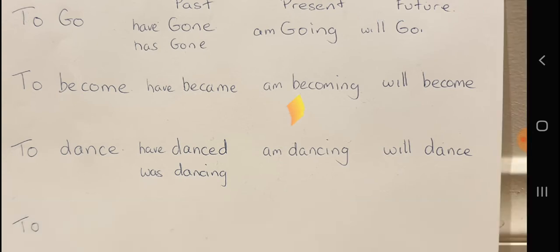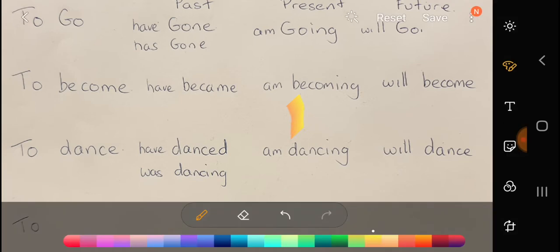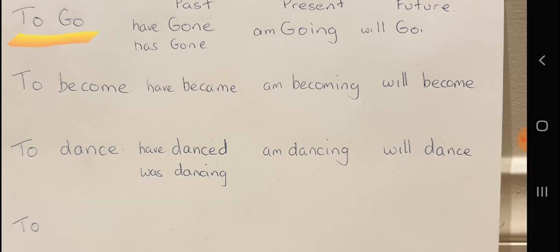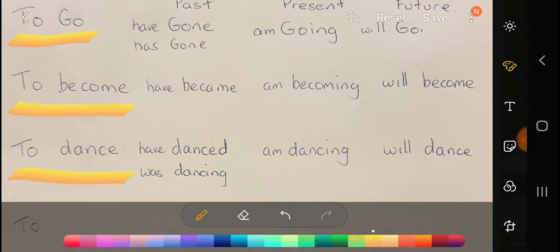So verb tense is actually what you need to learn when you speak English. Here I have 3 examples, and basically the base verbs are to go, to become, to dance.